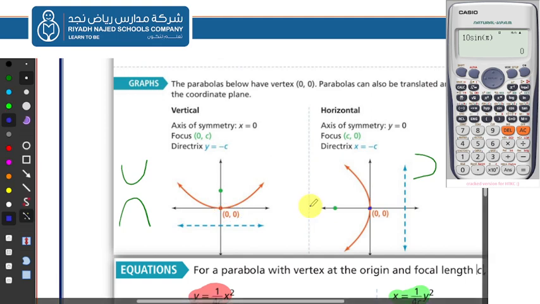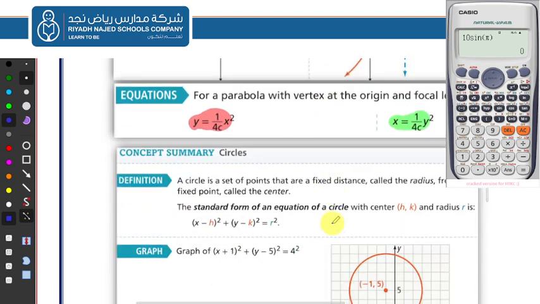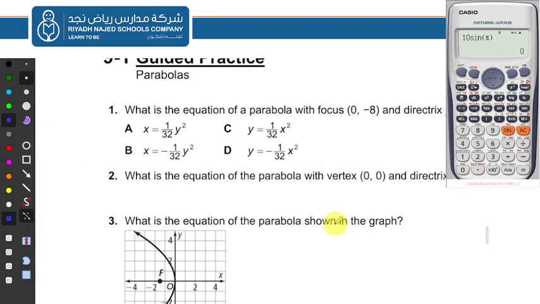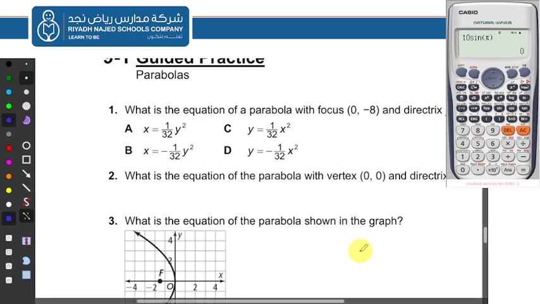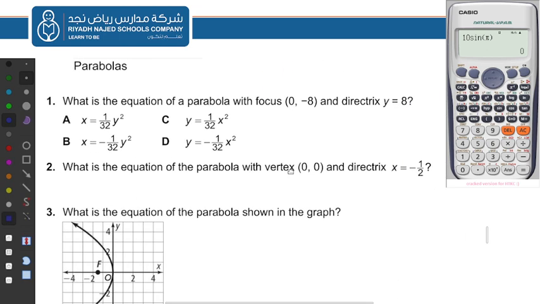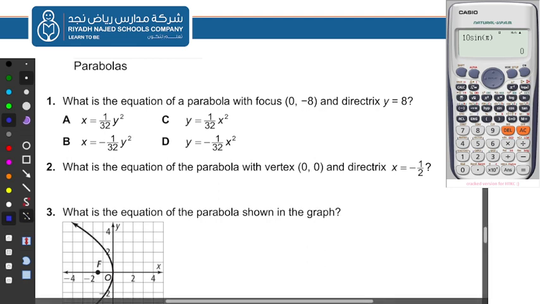Now, we will start with the first question. Question 1: What is the equation of a parabola with focus 0, -8 and directrix y equals 8? It is very, very important to draw, to have an idea about the graph of the parabola.